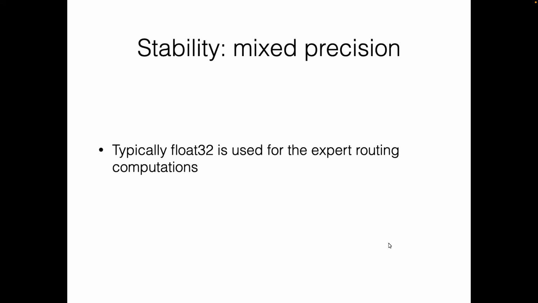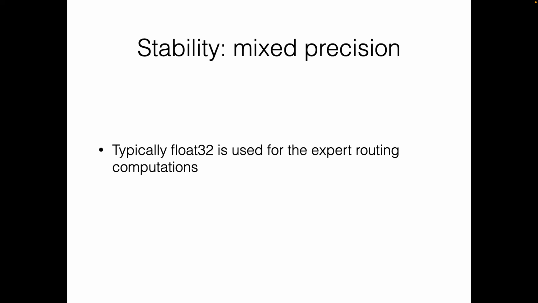You could think, maybe if I put all of the mass onto one expert, say early in training, then that corresponds to having a very large logit value. And so then the precision actually becomes an issue. So what they found is that you can use float 32 just for the expert routing computations. So maybe that's yet another benefit of having this simple dot product. It's going to be in a higher precision, and so it's good to have a relatively small number of weights.